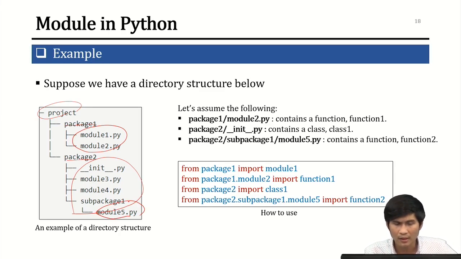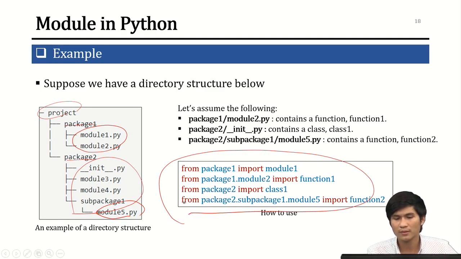So if you have already defined the structure of the directory, where we put each module and in which package, assume that we have this information. How can we use it? Simply use it. For example, you want to import module 1 because module 1 is currently placed in package 1.